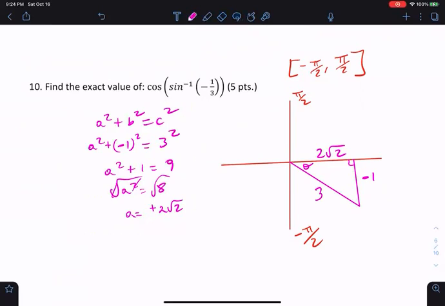Now you need to find out what the cosine of this thing is, right? So cosine of this angle, this represents an angle now. Cosine of whatever is inside, right? So cosine of sine inverse of -1/3.